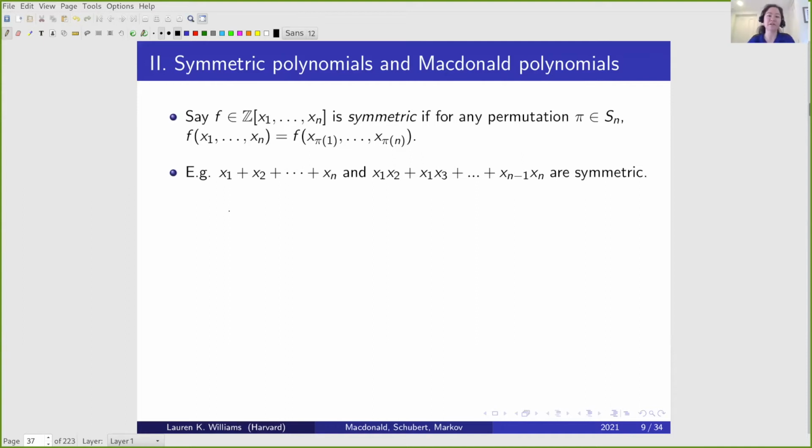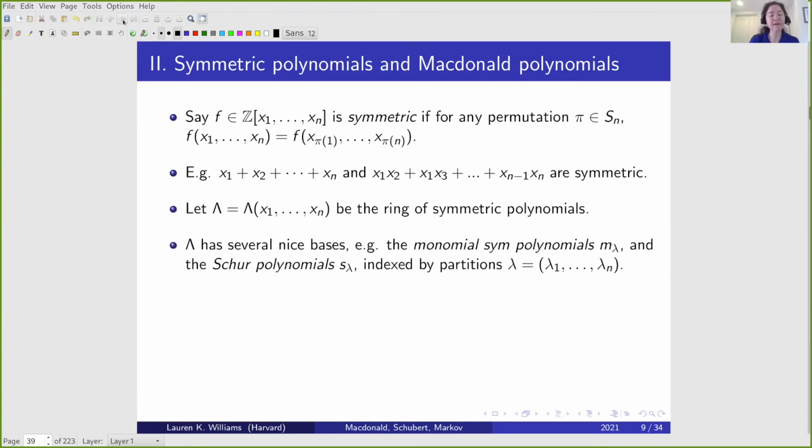So for example, x1 plus x2 plus dot dot dot plus xn is symmetric, and so is this polynomial. So elementary symmetric polynomials are prototypical examples of symmetric polynomials. And the set of symmetric polynomials forms a ring, which has been well studied in combinatorics and representation theory.